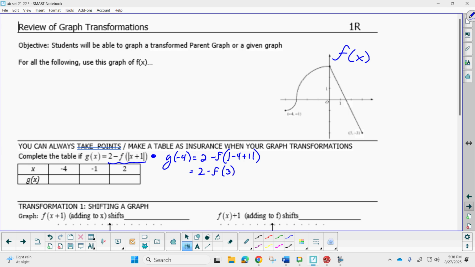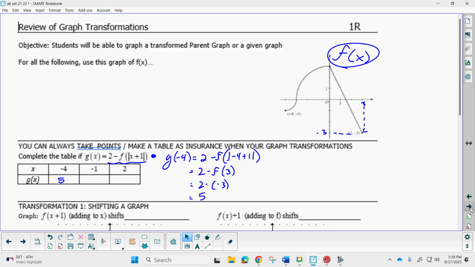Now at the point where you've isolated and cleaned up the inside, now you can go to the graph as a reference. f at 3 is -3. And so it's 2 minus -3. That should be 5. Okay? Now you do the next one as I do it with you.